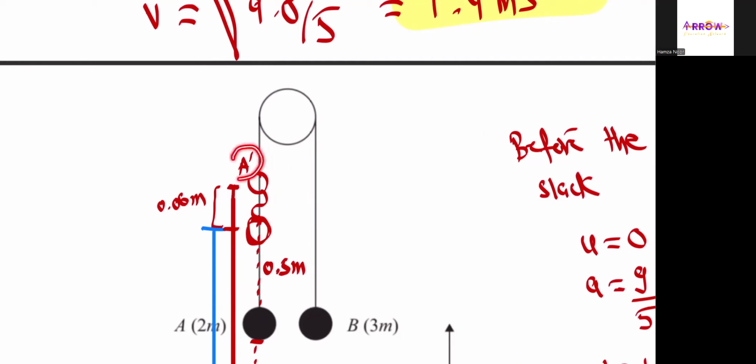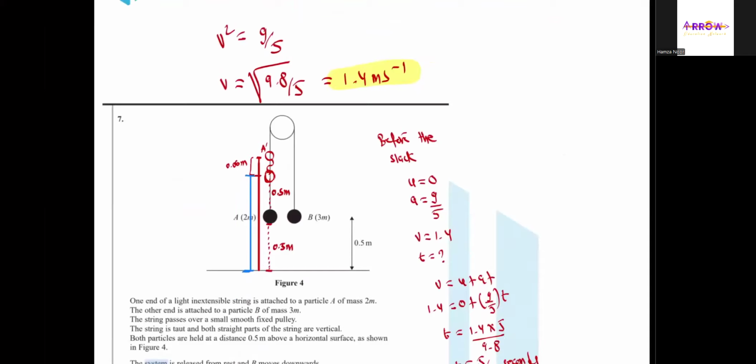And this is not the highest point of particle A, because the highest point would be something above. At the highest point above the ground, the final speed will be 0. Here, if we try to find the final speed by considering this much distance of slack in the pulley, we would have a speed other than 0. So this is basically the idea behind this.